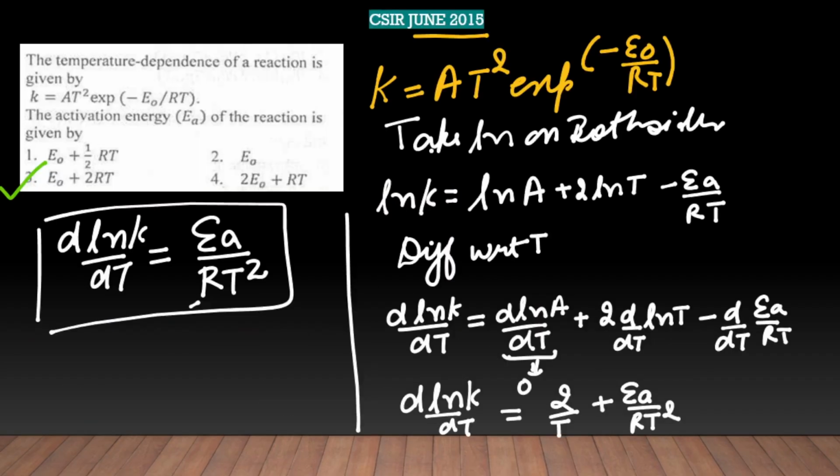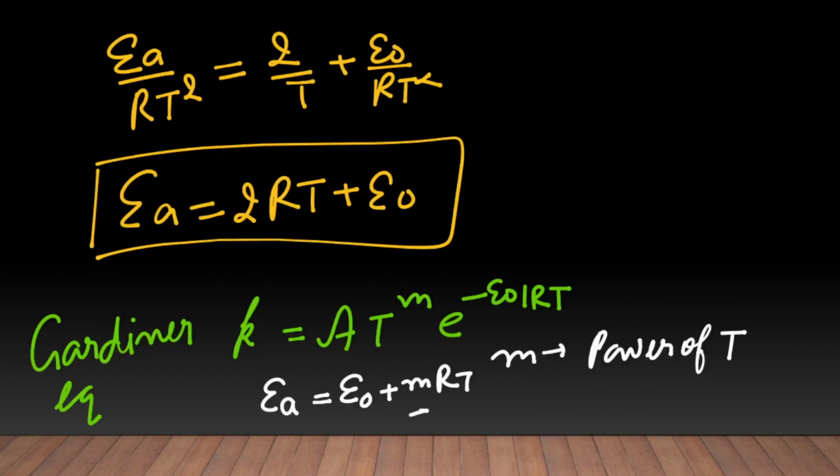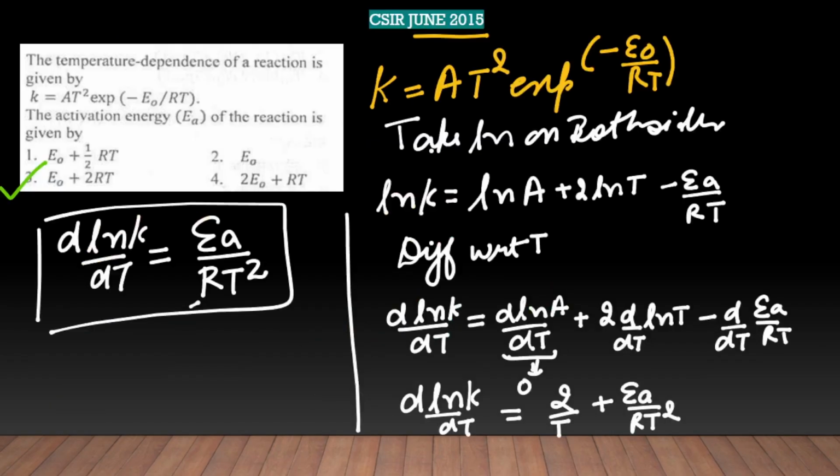Here it was T square, so the m value is 2. You can see you get the same answer. Either you can remember this from the Gardiner equation, or if at some point you forget it, you can follow this path.